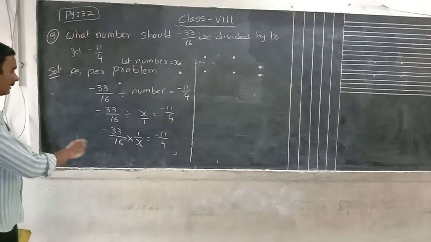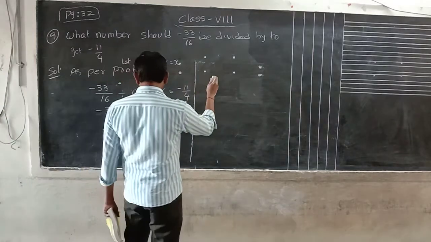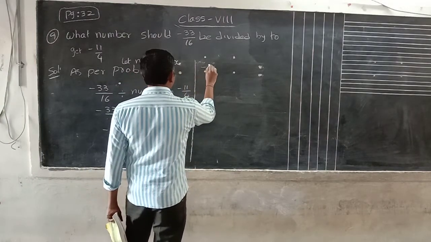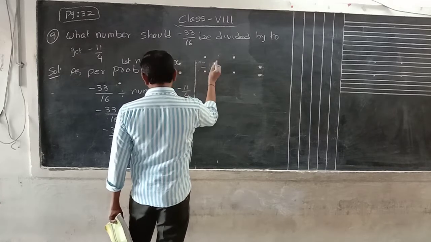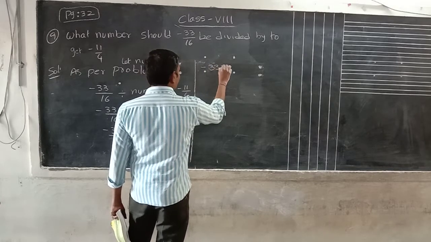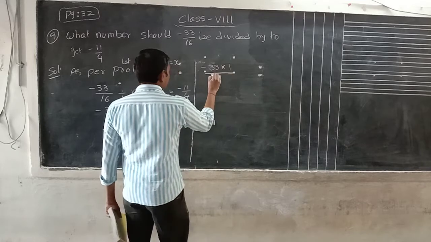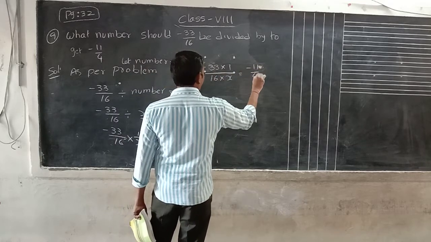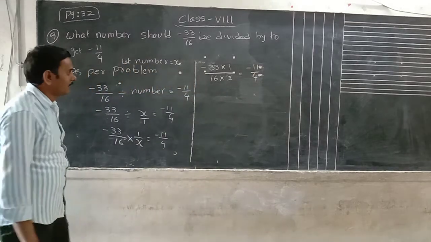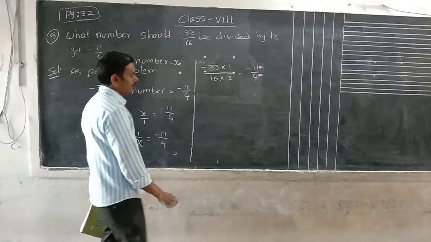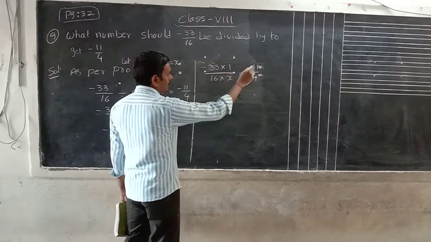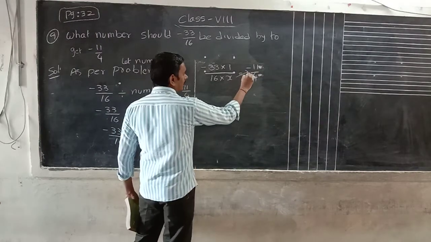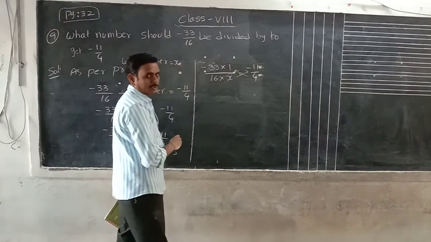Now we have to cross multiply this one. Minus 33 into 1 by 16 into x equal to minus 11 by 4. Here only x we have to multiply.